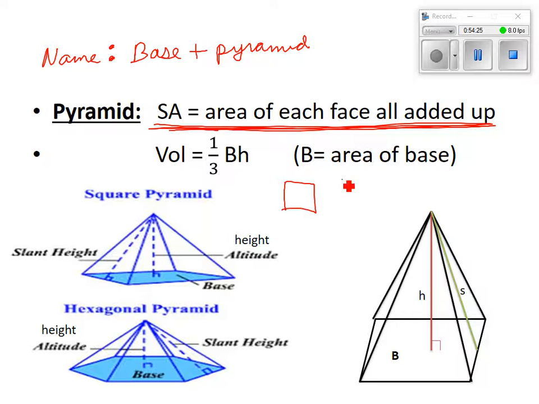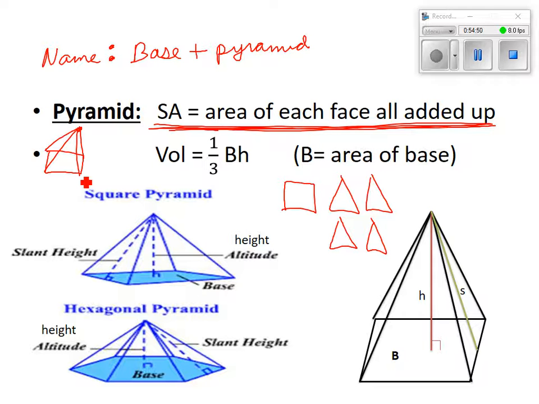How many triangles? 4. In a square pyramid, all 4 of those triangles are the same. If this is a regular pentagon down here, all those triangles are the same.